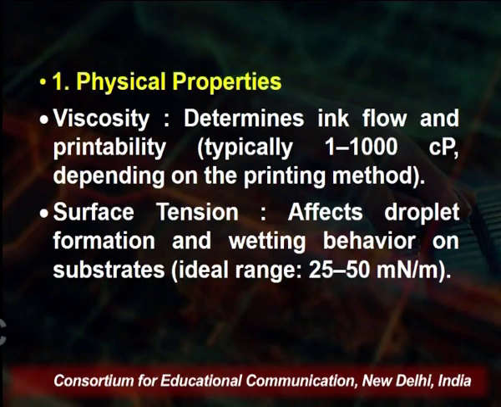Second in the physical properties is the surface tension, which affects the droplet formation and wetting behavior on the substrates. We need to know how we can prepare a device and what the wetting behavior of the ink is, so that it will not spread on the substrate. This affects the droplet formation of the ink.